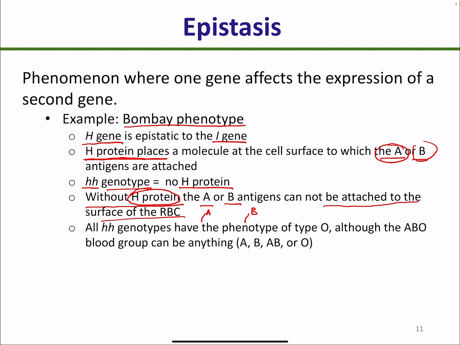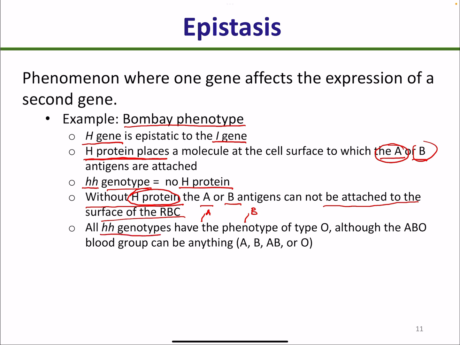The individual is going to express a phenotype that does not match its genotype, because that genotype is being affected by the lack of expression of another completely different gene.